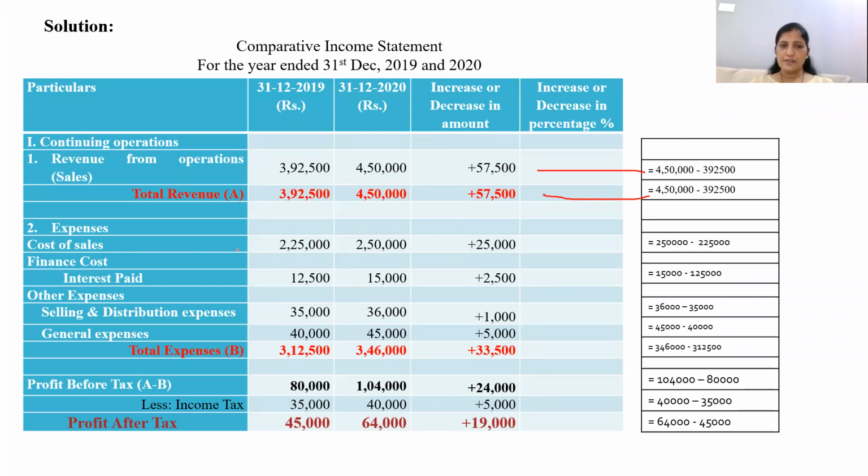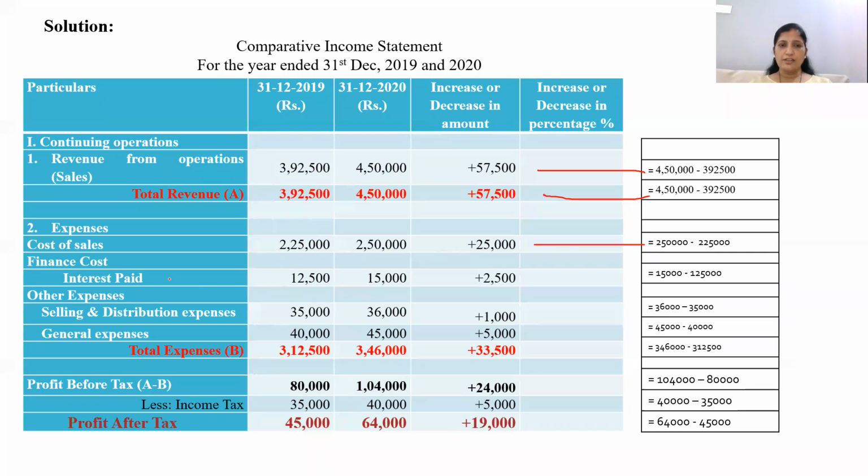Next, cost of sales. In 2019 it is 2,25,000 and in 2020 it is 2,50,000. So when you deduct, 2,50,000, that is 2020, minus 2,25,000, that is the figure from 2019, you will get plus 25,000.